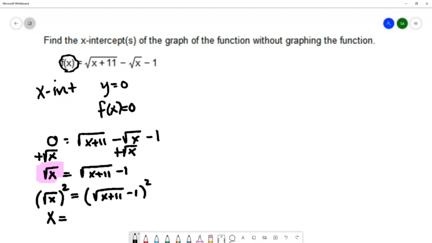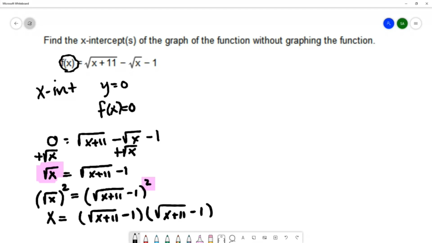On the right, it's going to get a little bit messy. We are squaring a binomial, so I'm going to write it twice, because that's what squaring means. Squaring it means multiply the base 2 times.